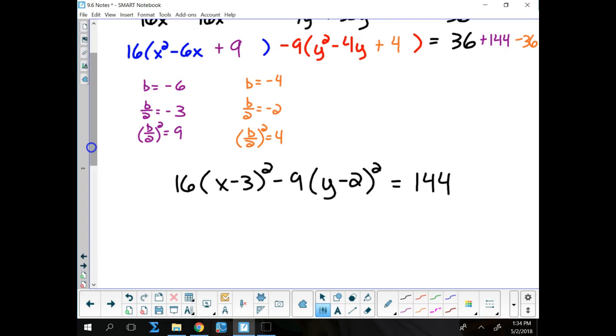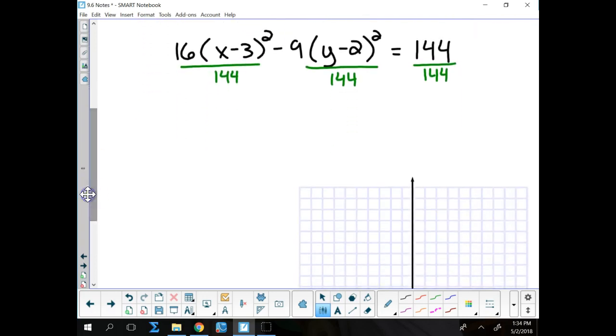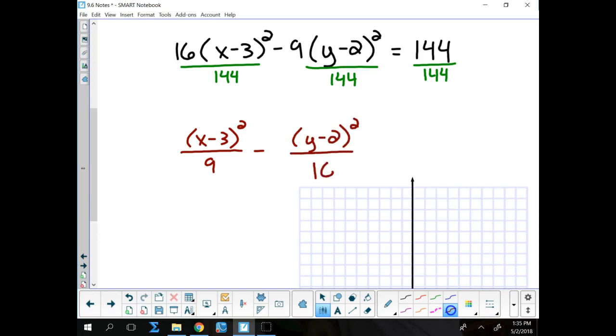So I need to divide everything by 144. So that gives me x minus 3 quantity squared over 9 minus y minus 2 quantity squared over 16 equals 1.